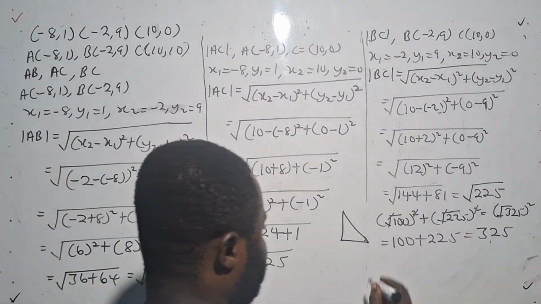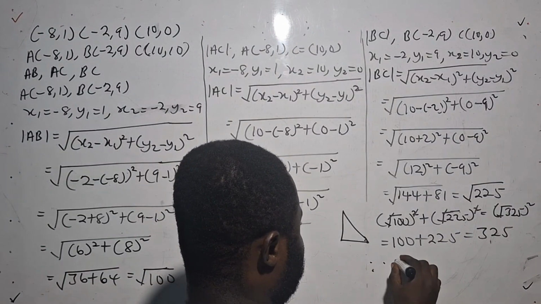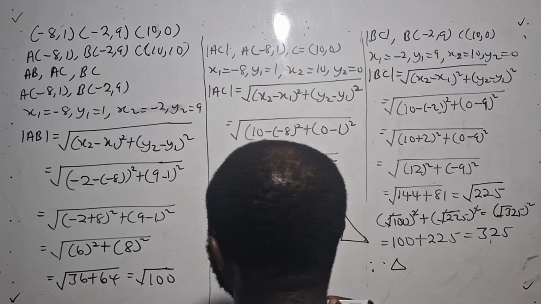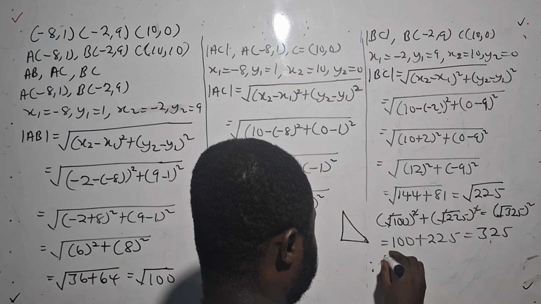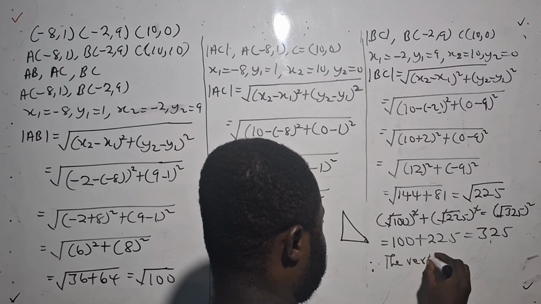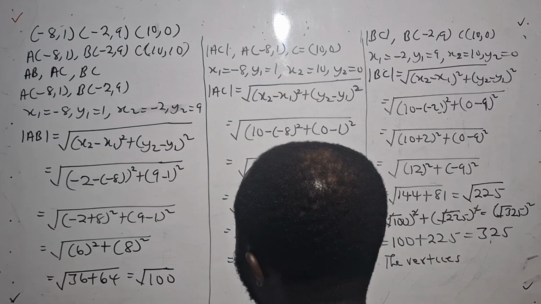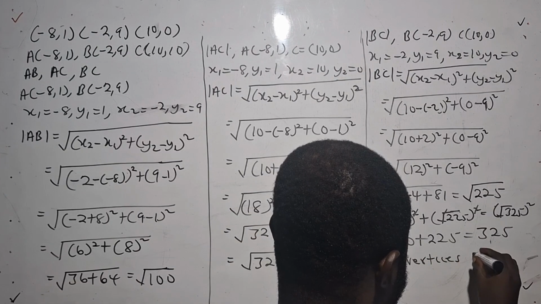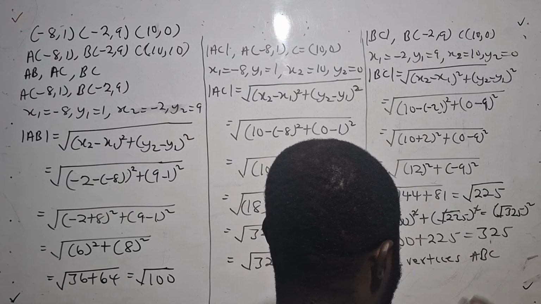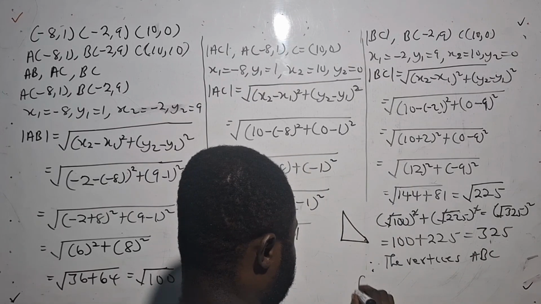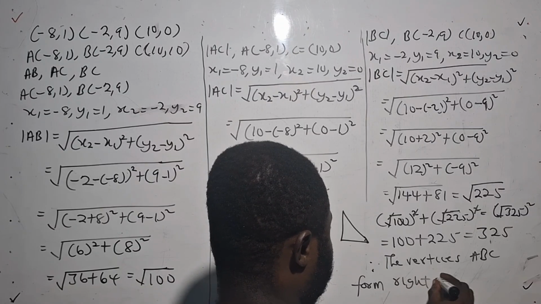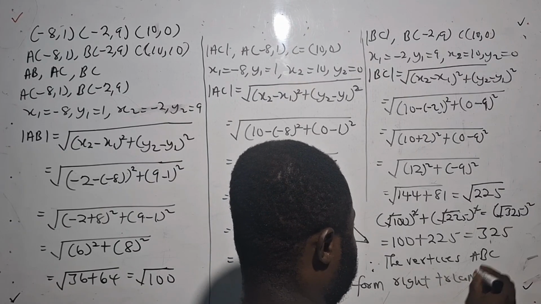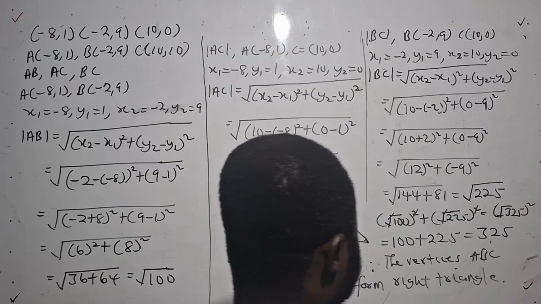So therefore, we can say the triangle with vertices A, B, C forms a right triangle.